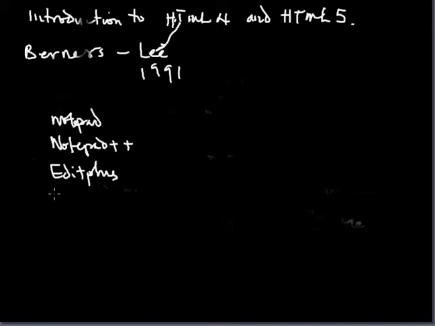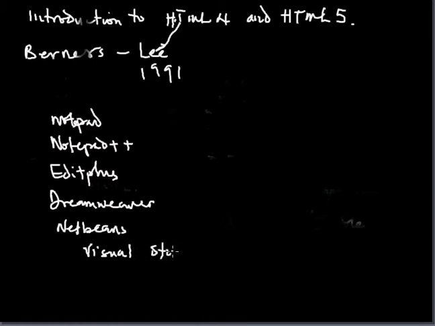If you're building a very industrial solution, an industrial website, or a website at a large scale, and you want to fast track what you're doing, you can make use of Adobe Dreamweaver, and you can make use of NetBeans. You can make use of Visual Studio. I will explain what I mean by all this.